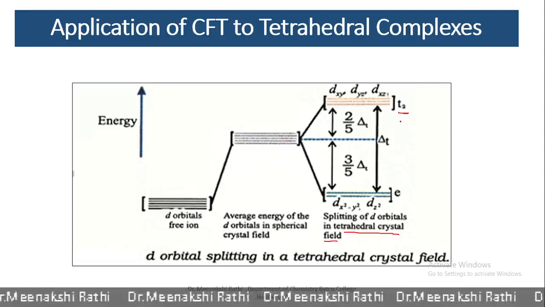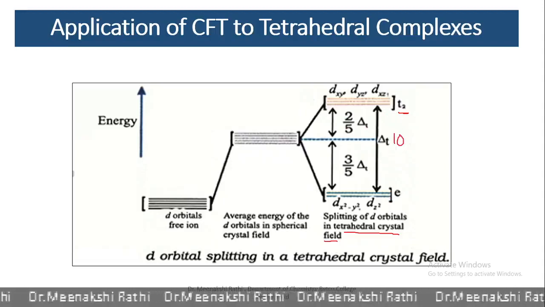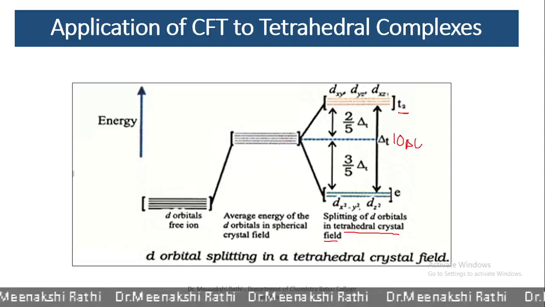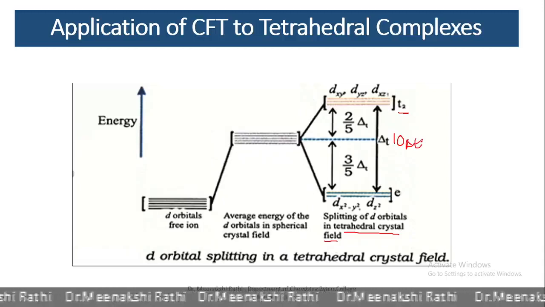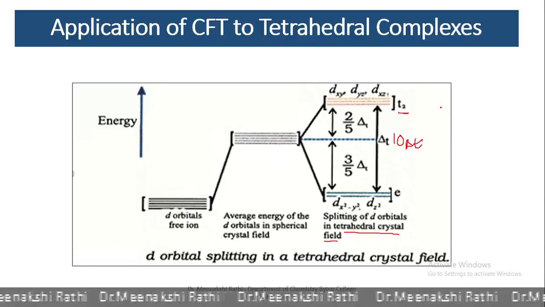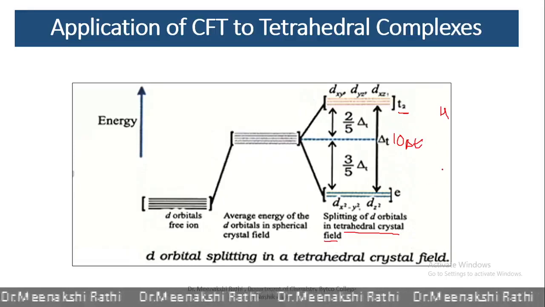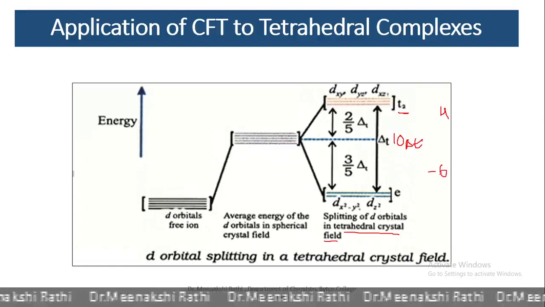See, we can write 2 by 5 of the total 10, as you all know it is 10 delta t, just like 10 Dq. So 2 by 5, simply we can write their energy is increased by 4, and here it's minus 6.